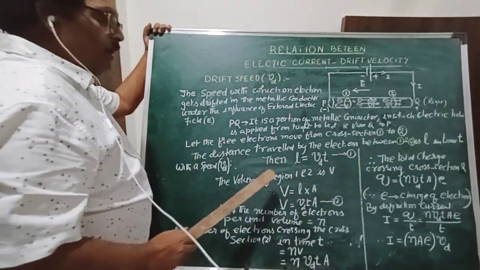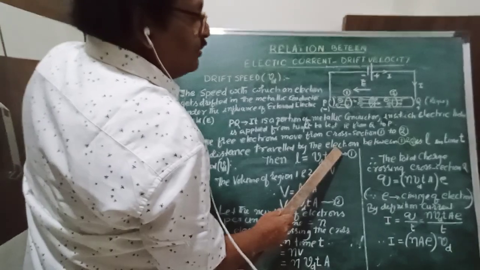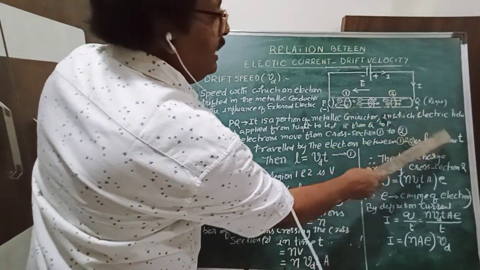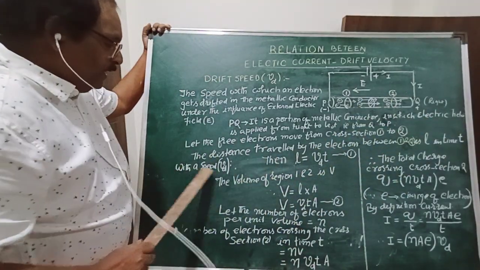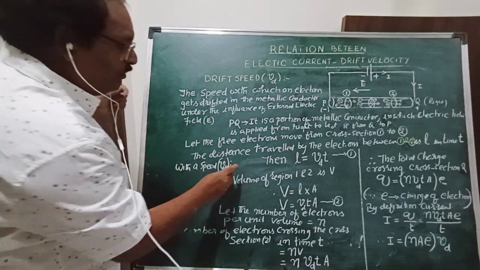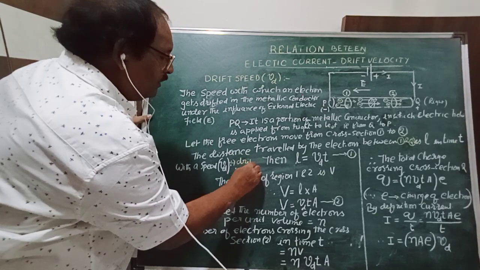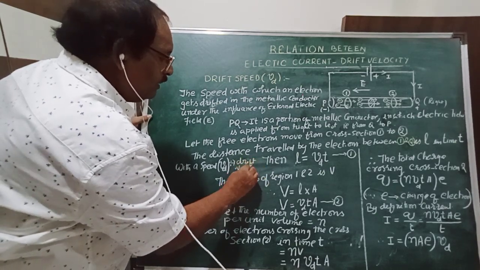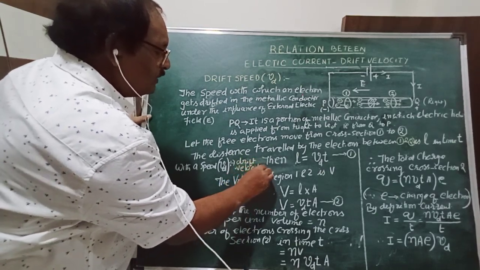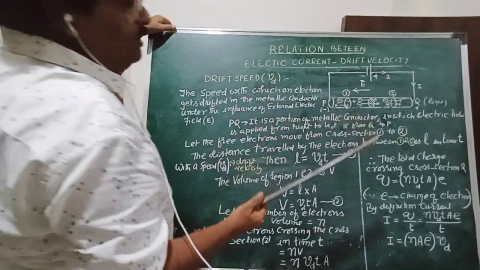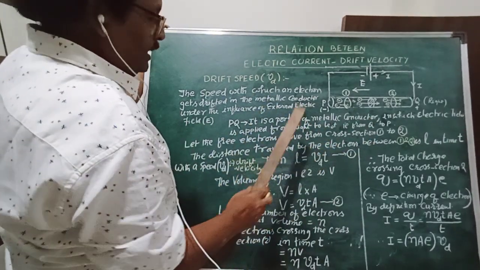So the distance traveled by these electrons between 1 and 2 in time t is with an average speed of Vd, where Vd is called drift speed. Drift speed or drift velocity, anything we can write. The average velocity of all those electrons is called drift velocity.